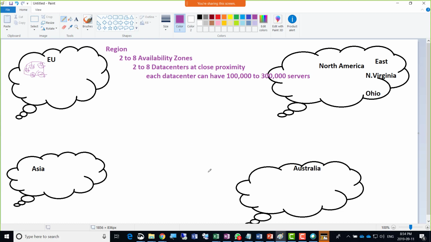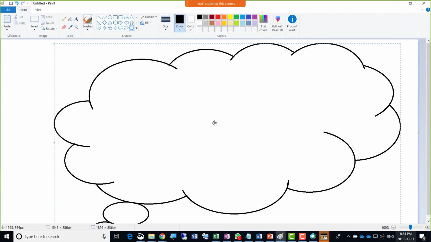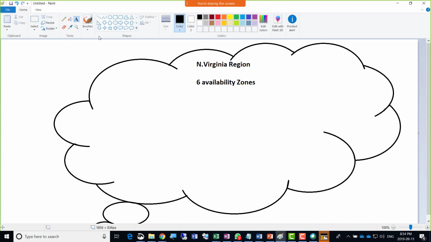So if I just create that diagram again here, suppose it's the North Virginia region. I always create a cloud like this because it looks cloudy. So North Virginia region. We basically have 6 availability zones here, which are still different smaller physical isolated areas.